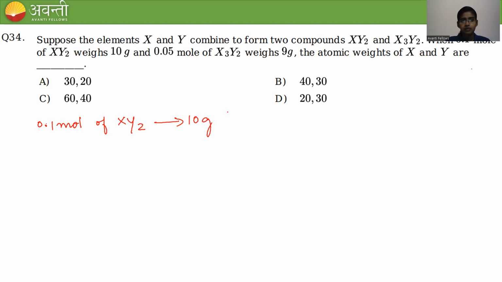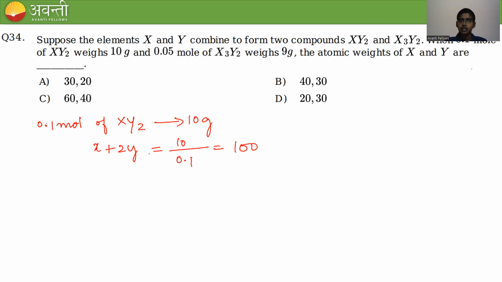And only one X we are having and 2Y. So X plus 2Y is equal to 10 by 0.1, which is equal to 100.